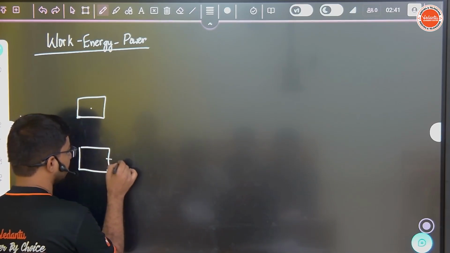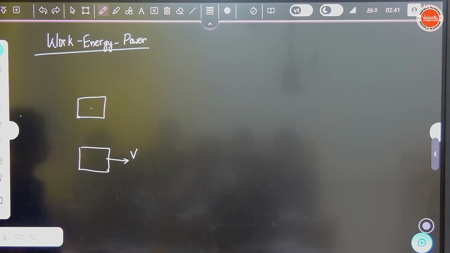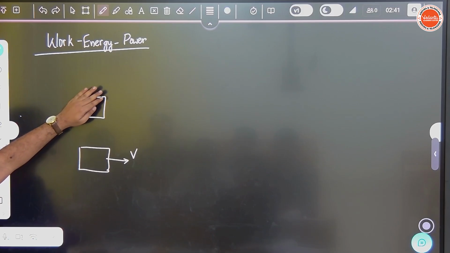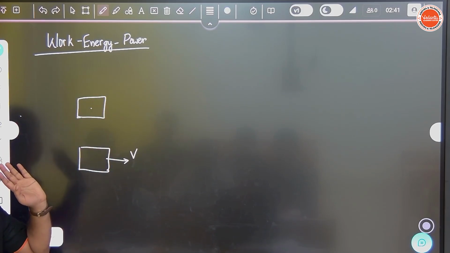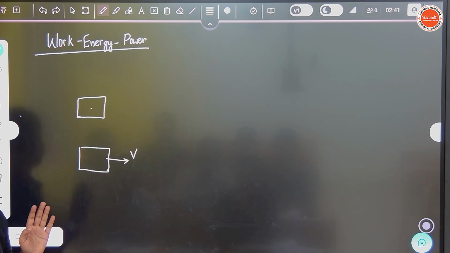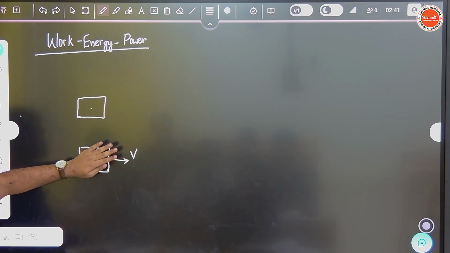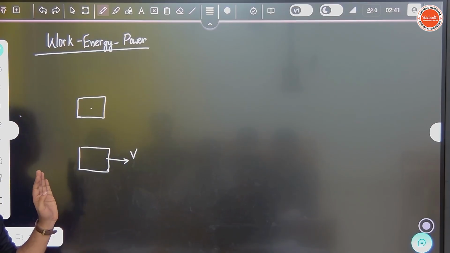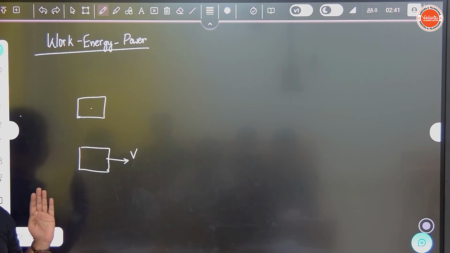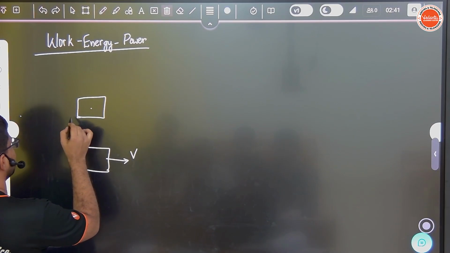And let us say one started moving with some velocity v. Then the rest mass of this and the mass of this object are not the same now. Try to understand this. But in our mechanics we consider them to be the same. Clear?